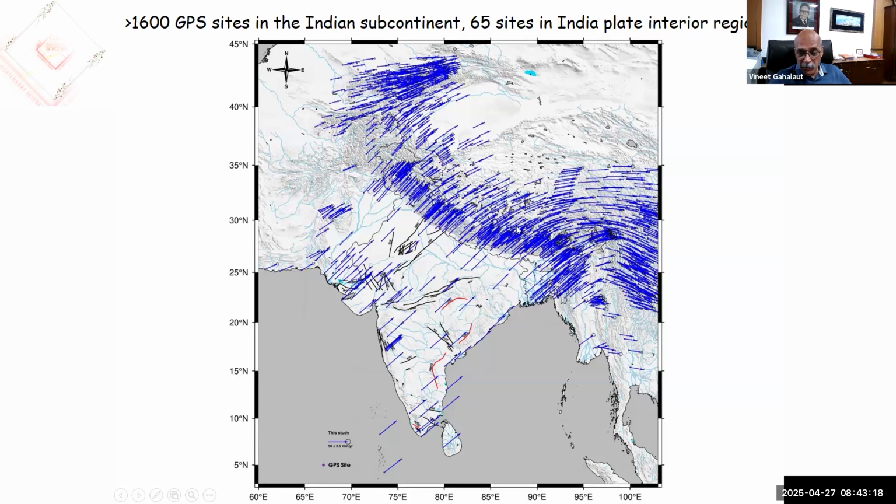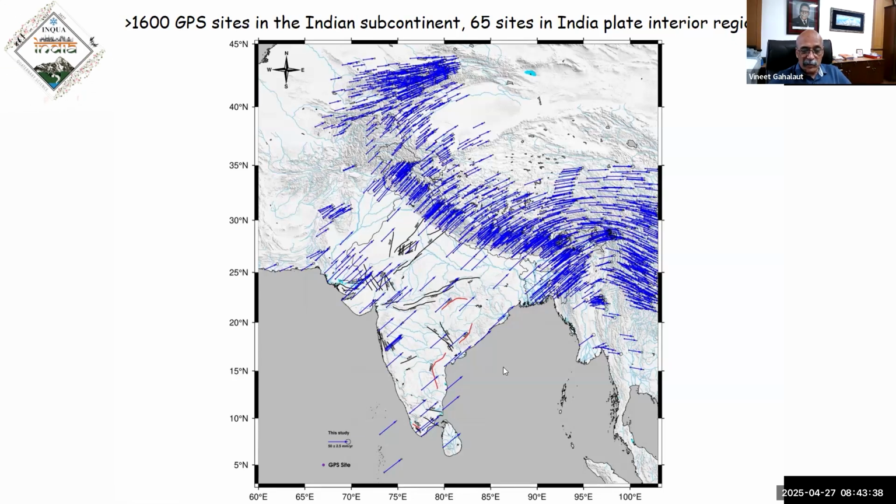There was another earthquake here, which we know as an earthquake which occurred just north of Mount Everest. These are two recent earthquakes, two earthquakes which have occurred in this year in Indian subcontinent.